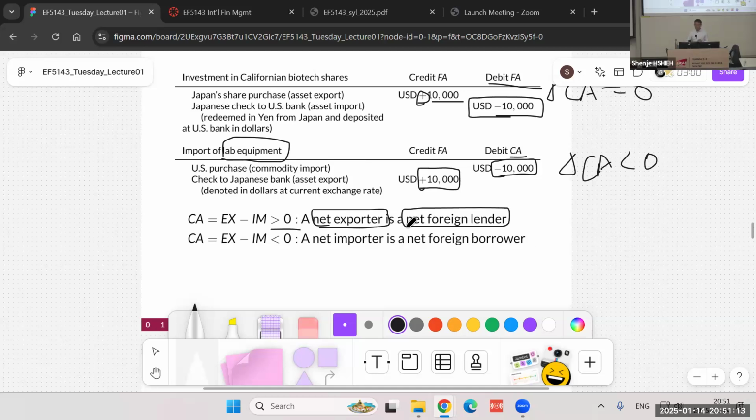It's the same thing, as I will show you, whether we're talking about commodities, goods and services, or investment returns. Conversely, if the current account is negative, that country is a net importer or a net foreign borrower. Borrower, again, meaning I'm consuming today so that I have to pay back later in goods and services, or I'm issuing debt and expecting to pay interest or principal sometime in the future.